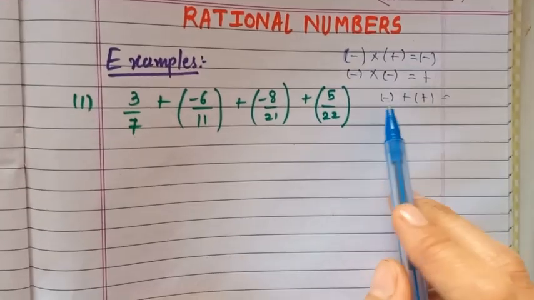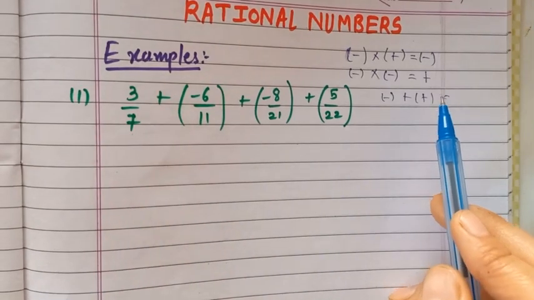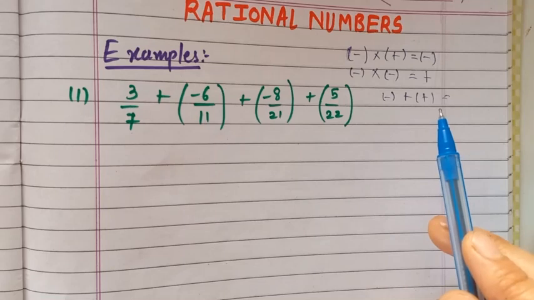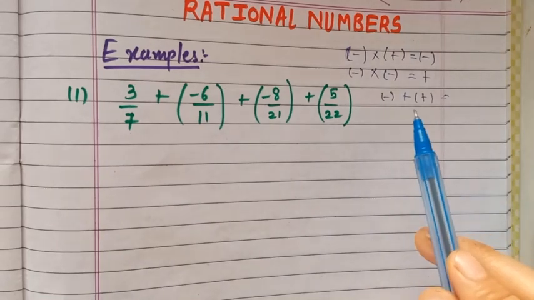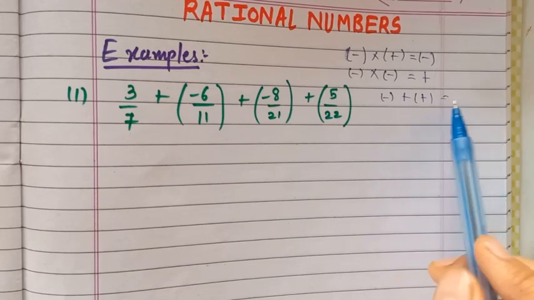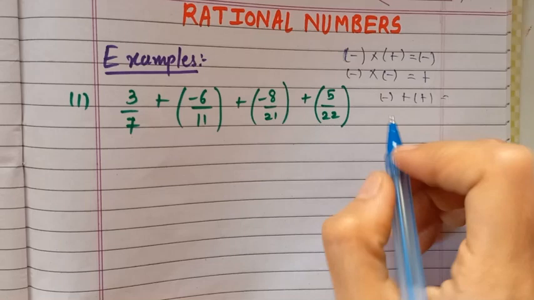So if we add one negative and one positive number, then we subtract the smaller digit from the bigger one. If the bigger digit has a negative sign, then our answer will be negative. If not, then positive.